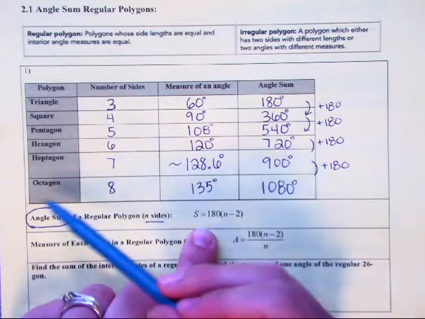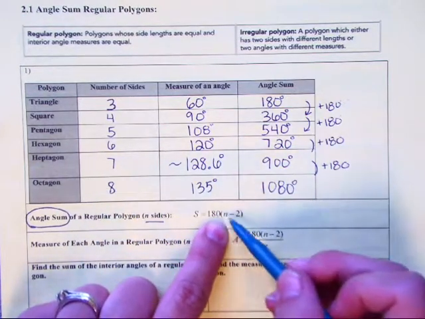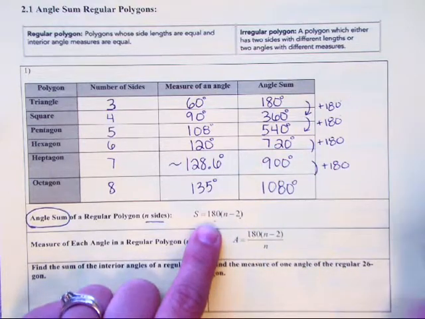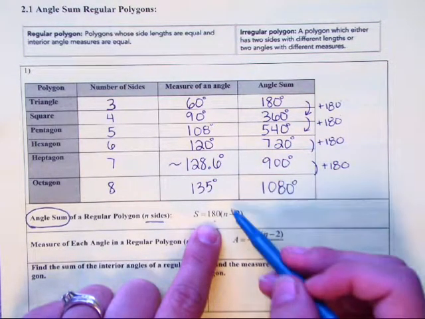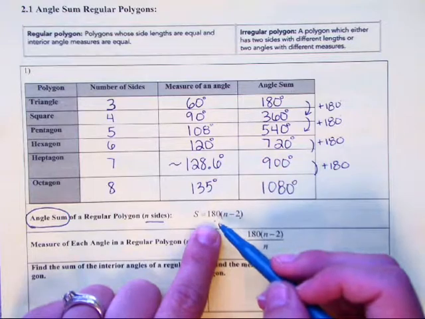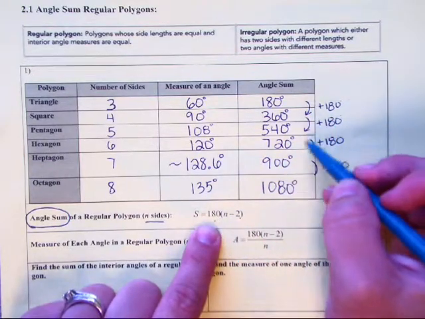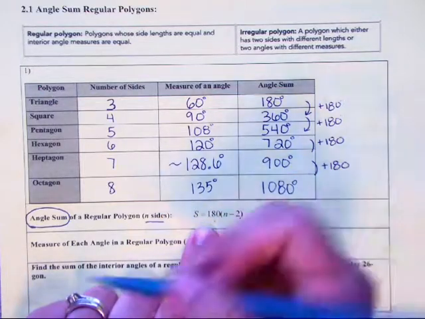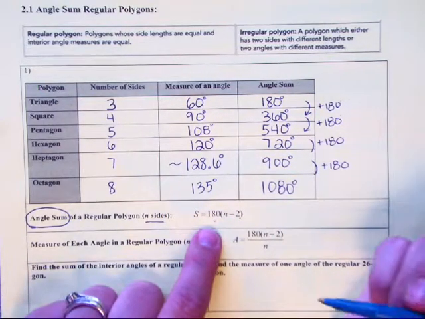So I could jump right to the octagon and put an 8 in there. 8 minus 2 is 6. Times 180 would make 1,080. So I can always use this to find the angle sum of any regular polygon without having to sit there and keep adding 180 each time to my pattern. Okay, I could then jump to a much larger shape and use that.